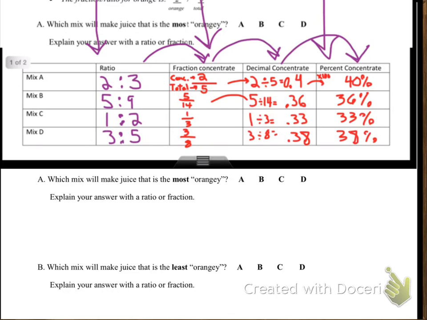Well, the correct answer for this would be A, but we do need to explain it. So we can explain that as 2 to 3 ends up becoming 2/5, which ends up being 40%.